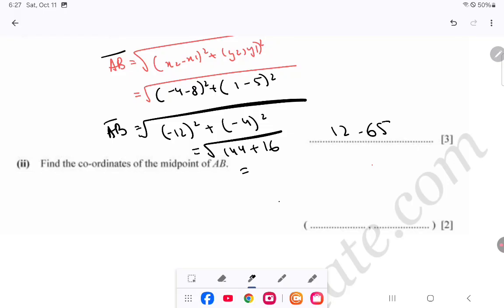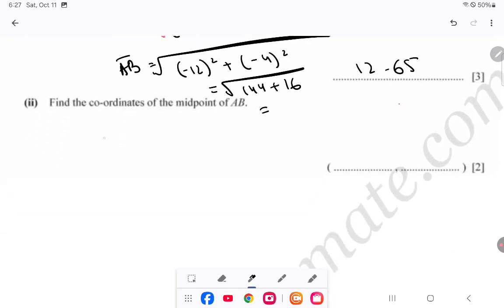Now for the midpoint formula, which is (x1 + x2) over 2, (y1 + y2) over 2.